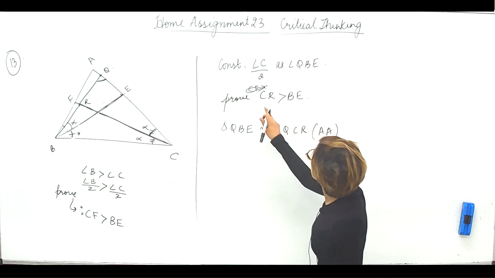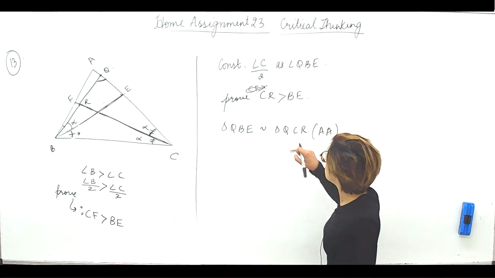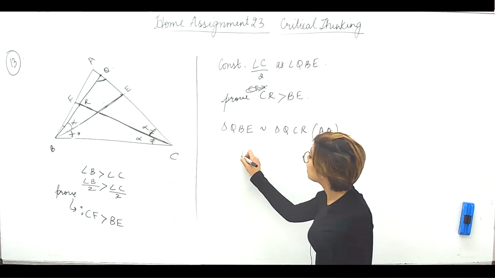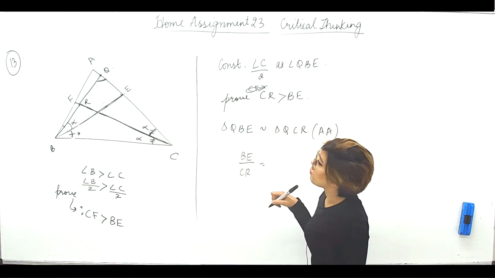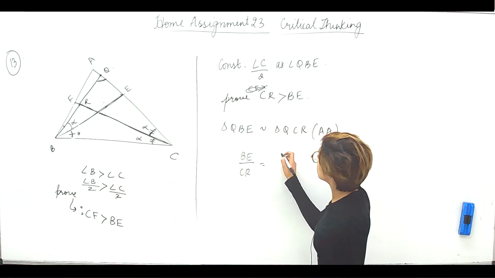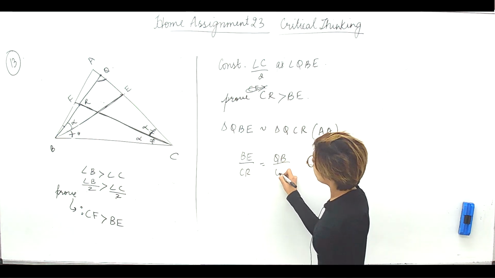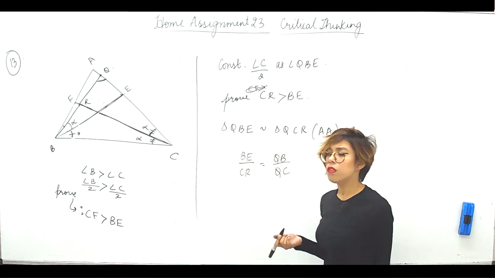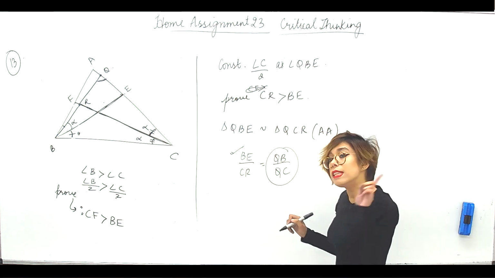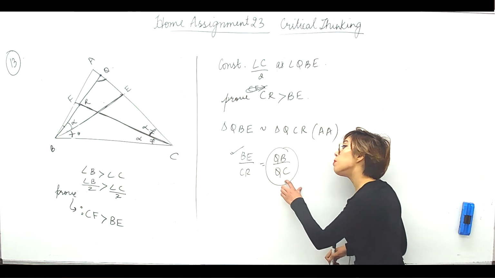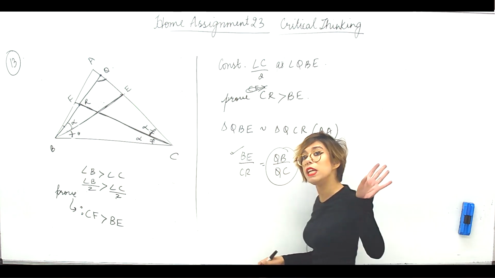Right? Now what do I have to involve? CR and BE. Now CR and BE are here. So BE by CR is equal to QB by QC. Now you will say, okay, ma'am, we have to relate these two, but why did you write this? Because I do have a relationship between QB and QC very clearly.